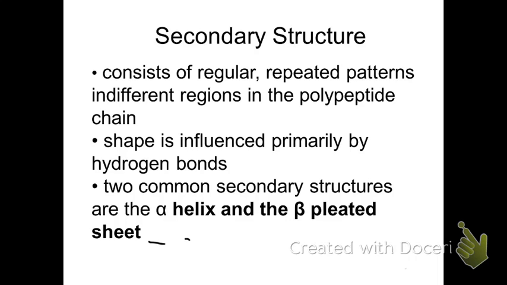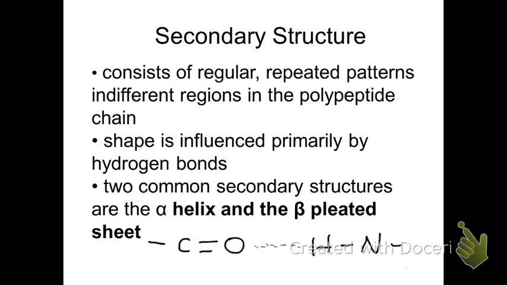You have a C, part of the peptide bond of one amino acid group, and it's going to form a hydrogen bond with a peptide bond of another amino acid.